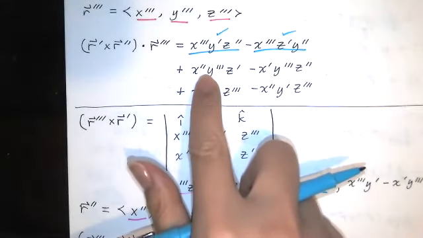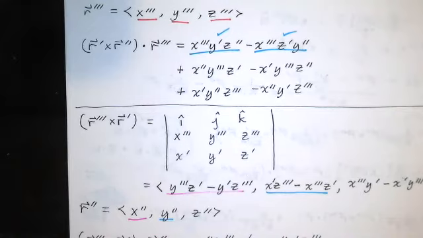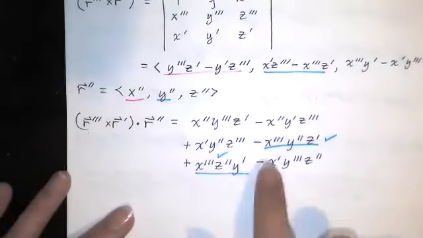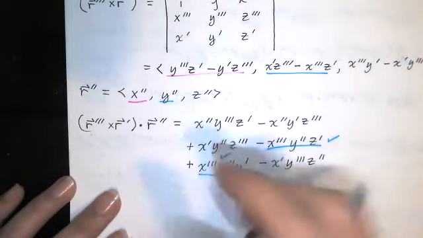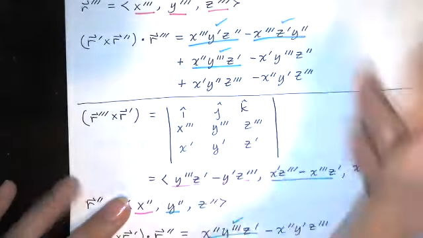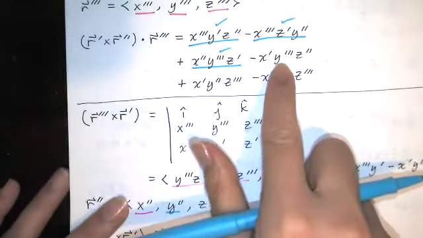Now I need x double prime, y triple prime, z prime. X double prime, y triple prime, z prime is right there. X prime, y triple prime, z double prime. That's right here, and they're both negative, good.